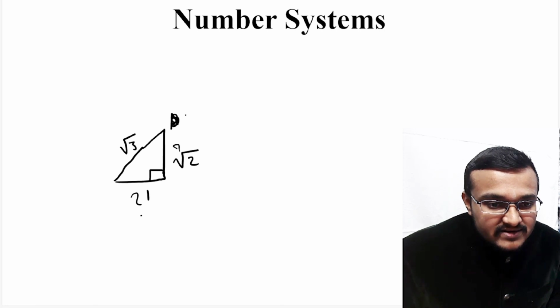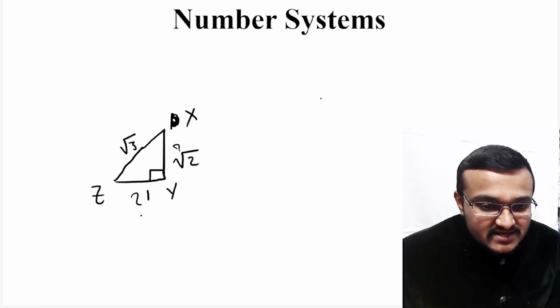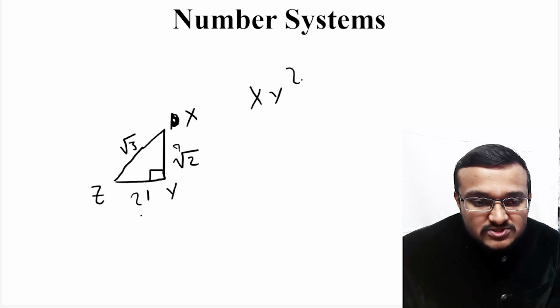I'll name them something different: x, y, z. Here xy square plus yz square is equal to zx square.